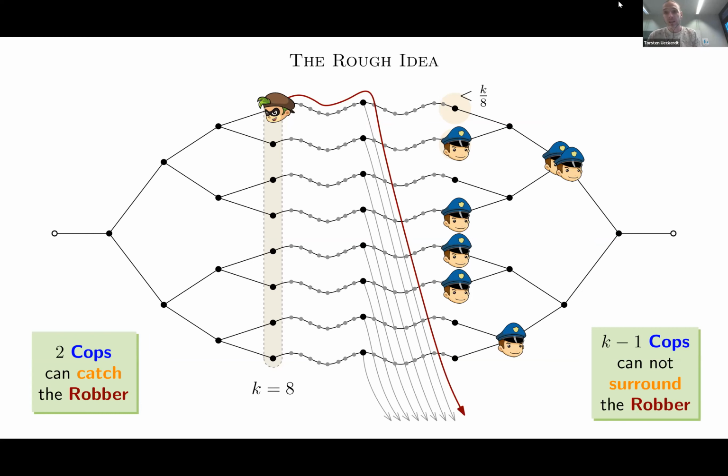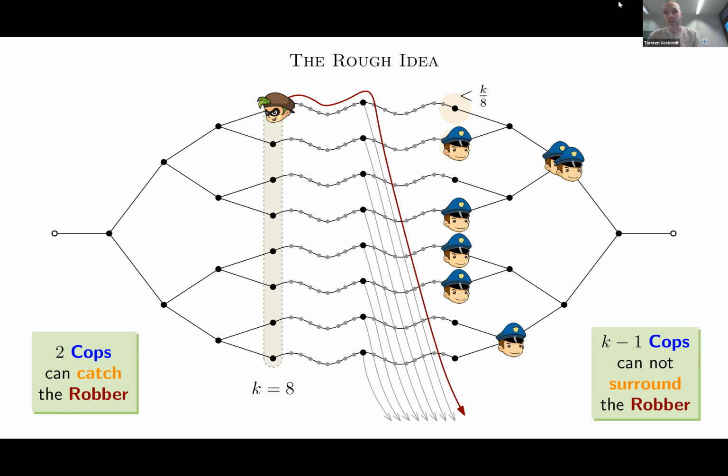And now this cop just stays always on the duplicate H1 vertex of the robber vertex. So the robber moves in H2, he mimics in H1. And the cop that doesn't mimic just goes after the robber, forcing him to move.